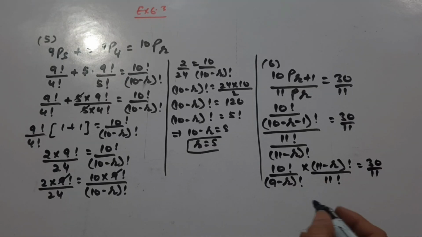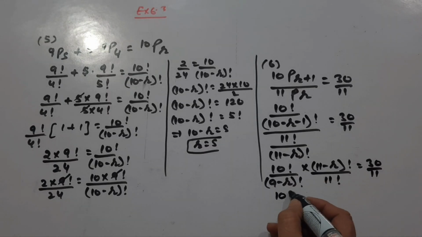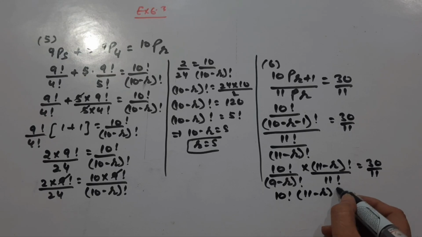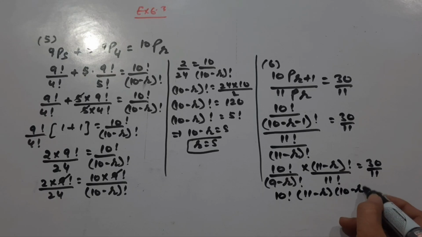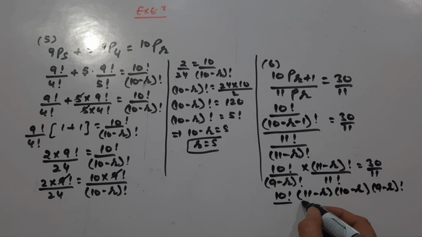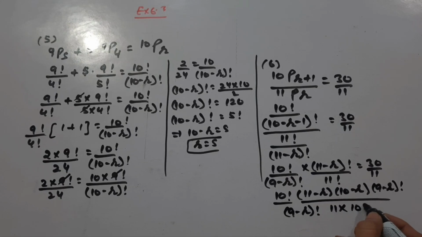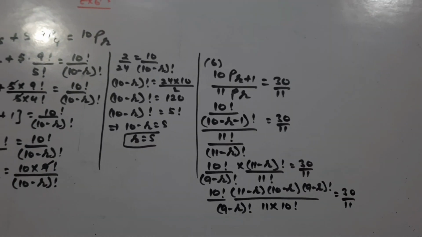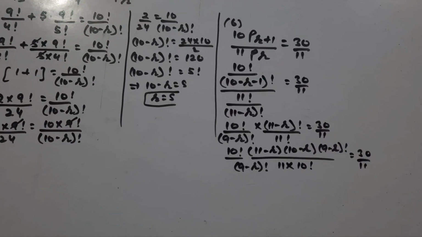Now 10 factorial as it is. Now writing (11 minus r) factorial as (11 minus r), (10 minus r), (9 minus r) factorial, and 11 into 10 factorial, equal to 30 by 11. Right?